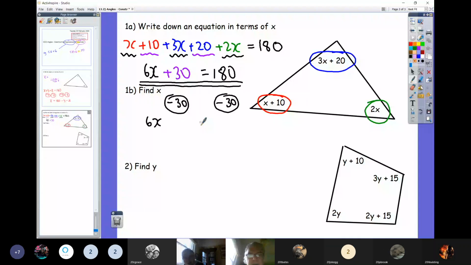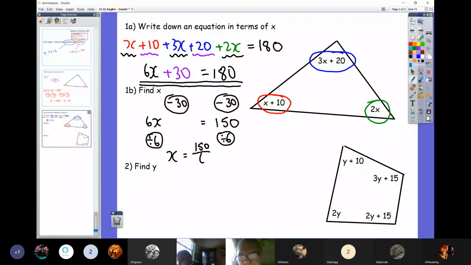So I've nearly got x on its own. I now need to undo the 6. Remember, 6x means 6 times x. How do I undo a timesing by 6? I divide by 6. So I'm going to divide both sides by 6. So x is going to equal 150 divided by 6, which is 25 degrees.